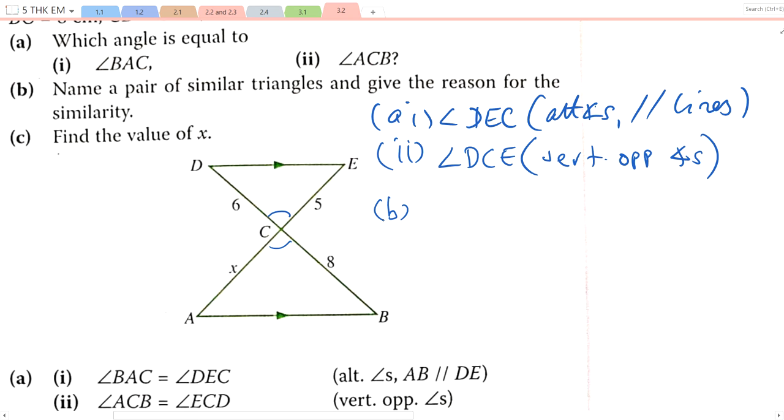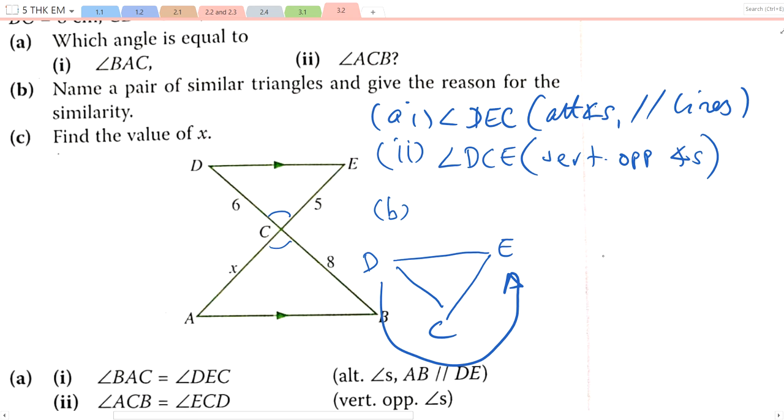Name a pair of similar triangles. Give the reason for the similarity. So what do you think are the 2 triangles that are similar? Okay, so Sophia says BCE, is it? DCE. Okay. So my habit, I always do it this way. DCE. You're saying that this is similar to?